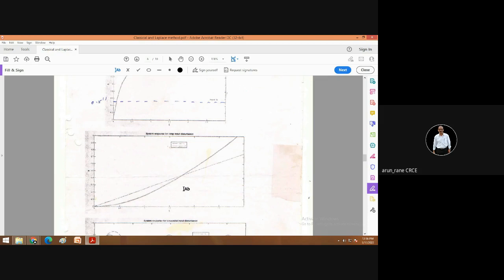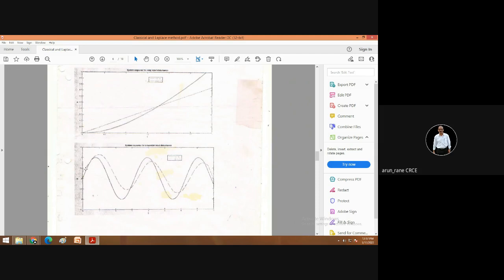At which point is there no error, that is input equal to output? At this point. Here onwards, see, this is my output, this is my input. The output is more here, the output is less here.